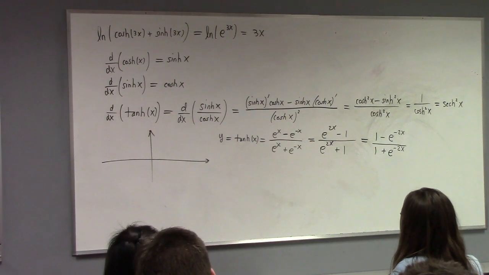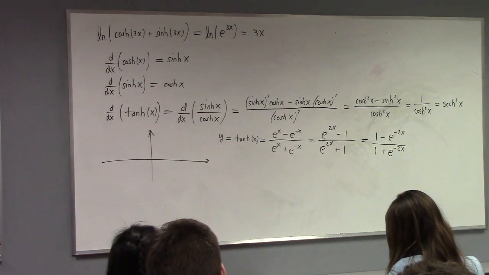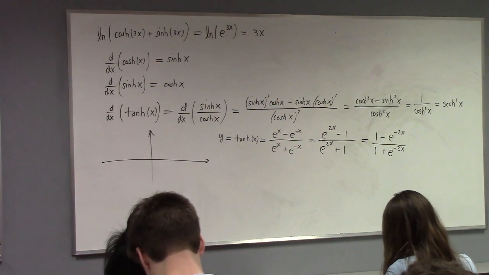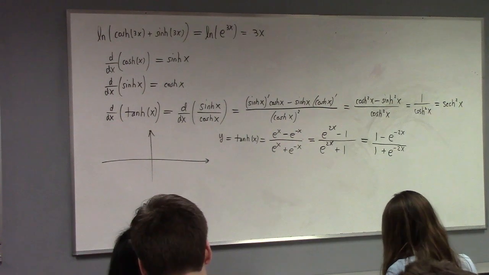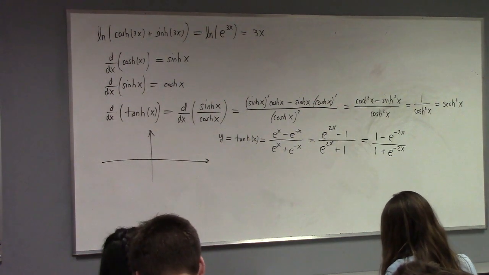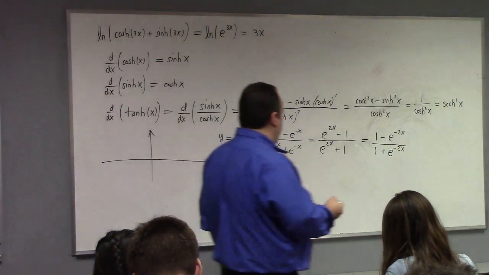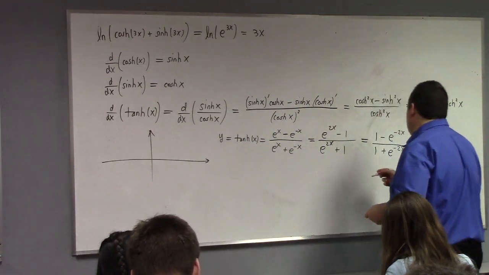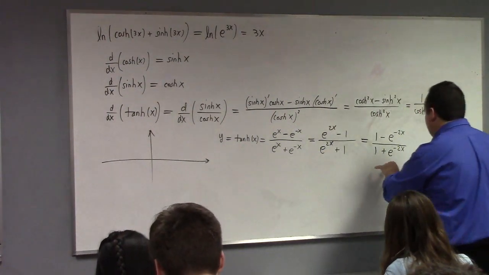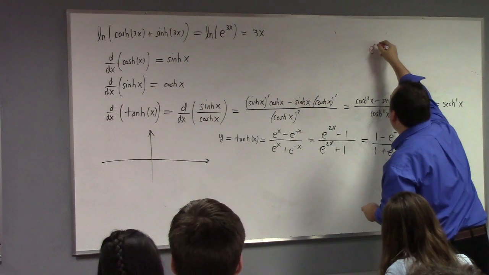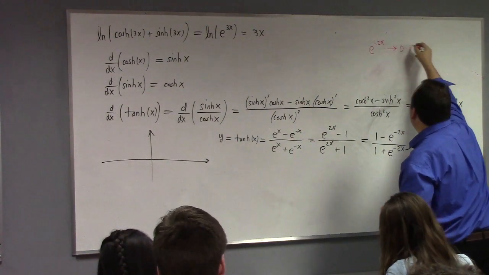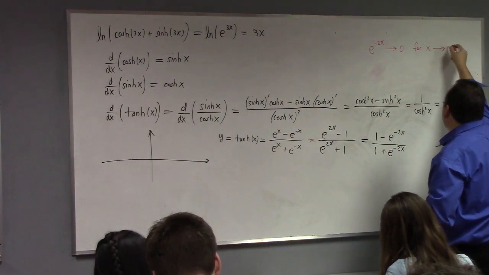Both of those formulas are important because they immediately reveal to you the limiting behavior of the function. How does hyperbolic tangent behave when x is very, very large? Which one should I look at when x is very, very large? Yeah, e to the x dominates, right? So this is actually kind of not helpful. So actually, the larger point is this. E to the minus 2x goes to 0 for x going to infinity, right?